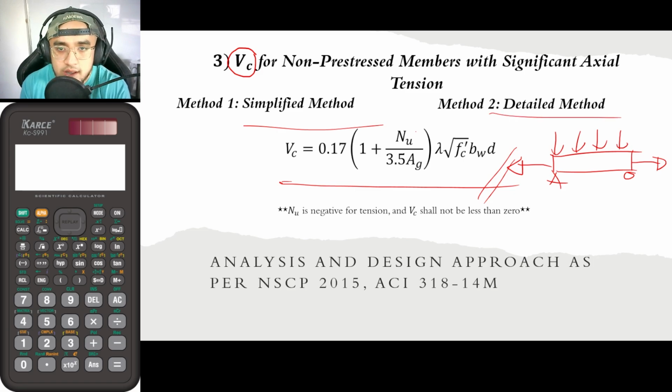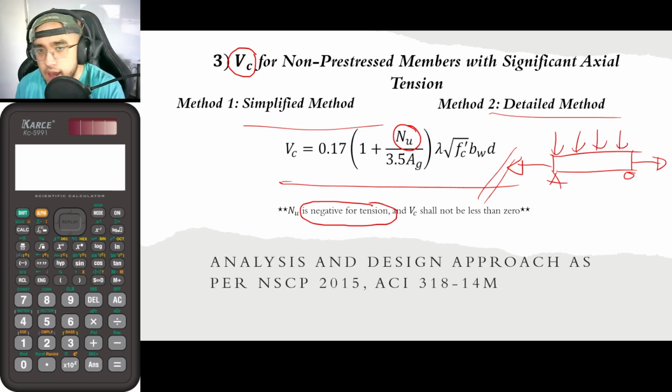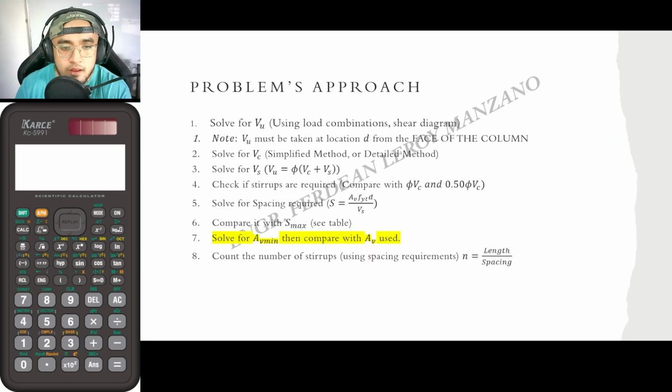But take note, guys, that NU here is negative for tension. In this chapter of NSCP or ACI, the sign convention would now be the opposite of what we have been using before.